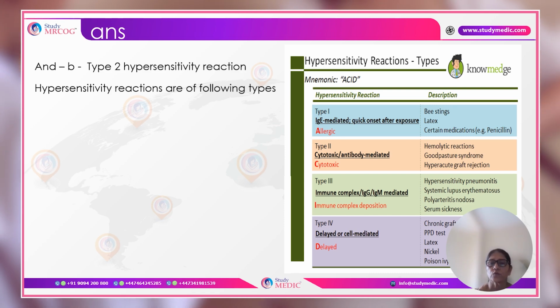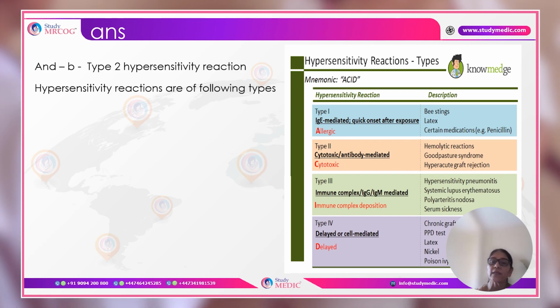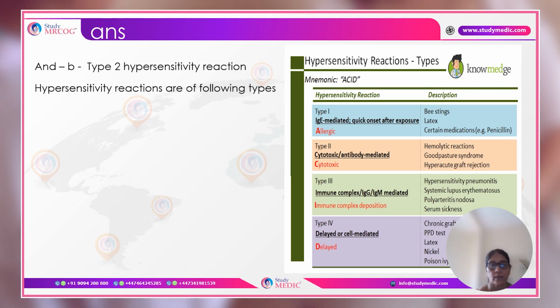Whenever any hypersensitivity reaction develops immediately, either it is bee sting or latex or certain medications like penicillin, it is because of allergy. It develops immediately, it is type 1, and it is mediated through IgE.